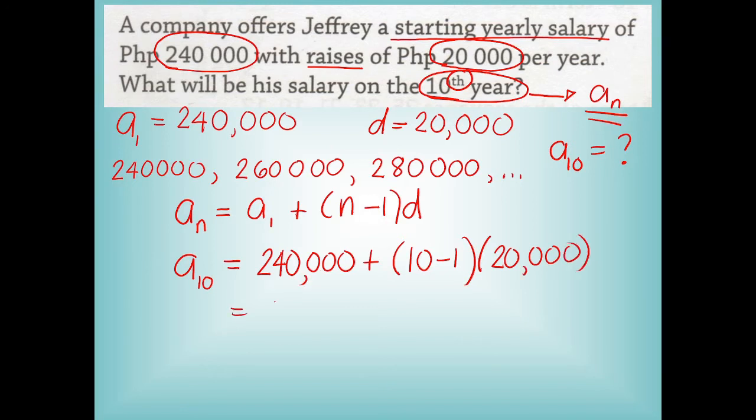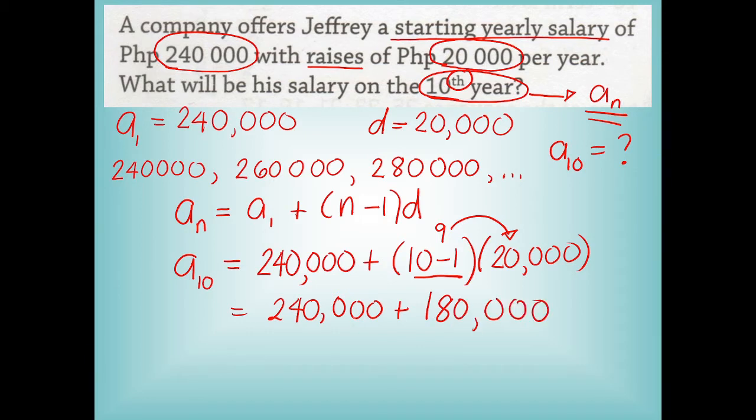Okay, let's solve this one now. So we have 240,000 plus, okay, this will give us how much? 9 multiplied by 20,000, how much? 180,000. Now 180,000 plus 240,000 is how much? 420,000.